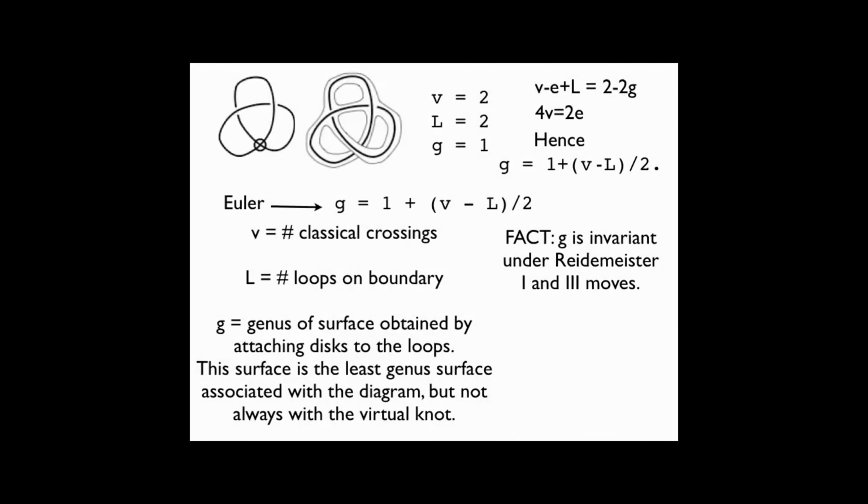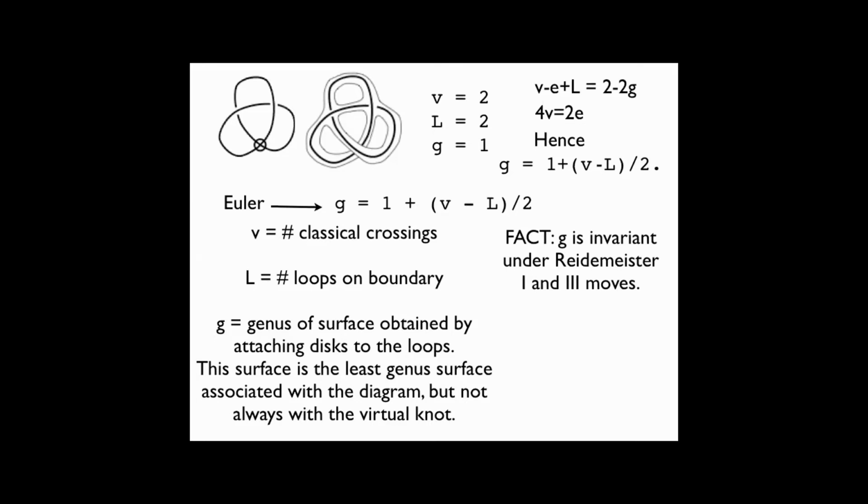Now, another point that I want to make about the ribbon surface, the ribbon graph, the abstract link diagram, is that once you've made it, you might be curious as to what genus surface I fit that virtual diagram into. And there's a nice way to think about that. So we're going to add disks, remember.